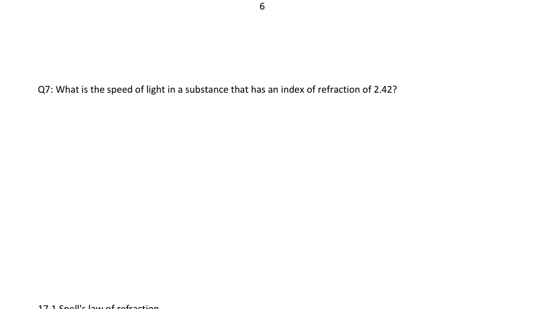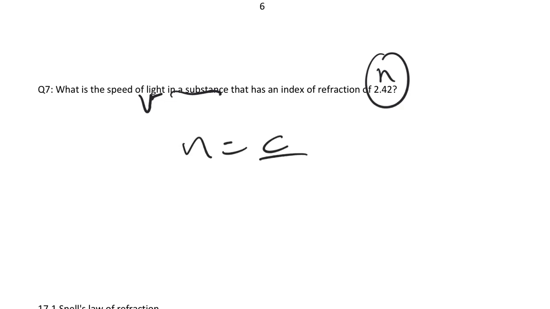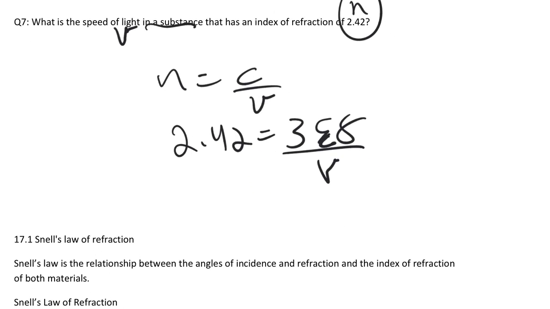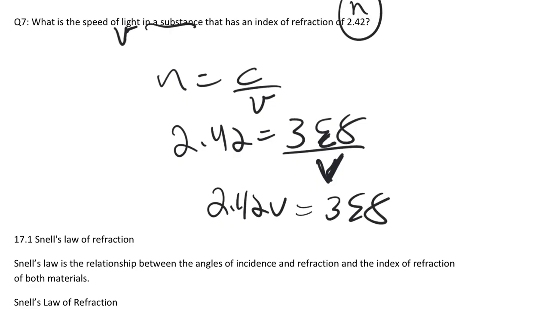Okay, so what's the speed of light in a substance? It's not c. If it's in a substance that's not a vacuum, that substance has an index of refraction of 2.42. So n equals c divided by v. 2.42 equals 3 times 10 to the 8 divided by v. I'm solving for v, the speed in the material. So cross multiply: 2.42 v equals 3e8.